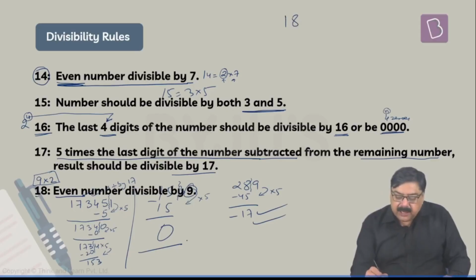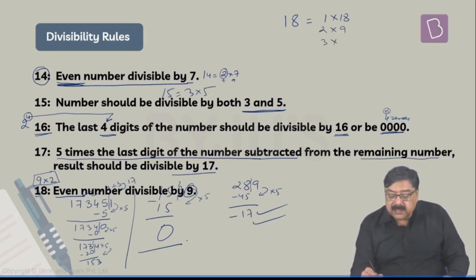Now see, 18, how can you write? 1 into 18 is 18. Now 2 into 9, then 3 into 6. Now you can't say that a number is divisible by 18 if it is divisible by 1 and 18. That doesn't make sense. So anyhow, if the same number appears in the pair, we will not accept that pair.